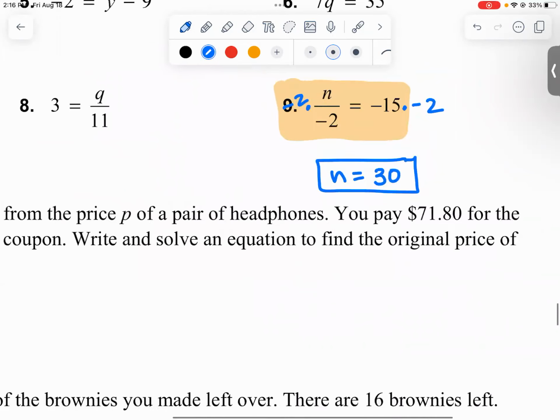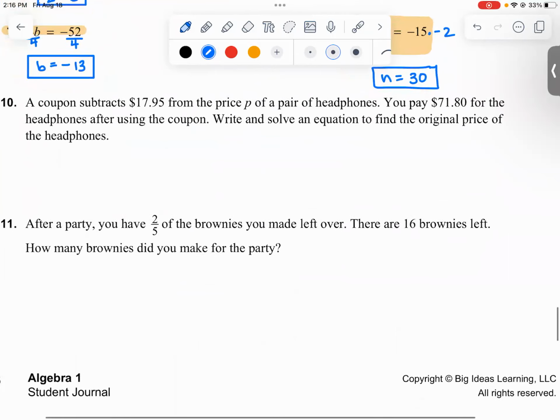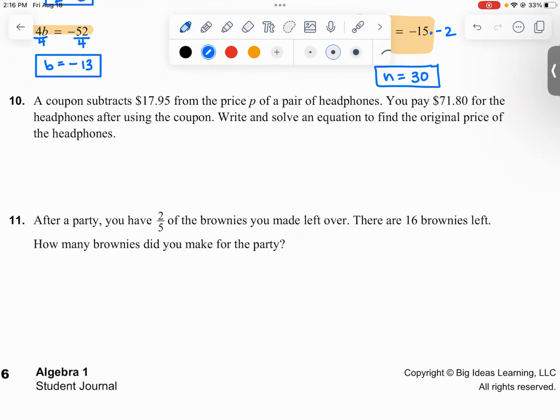Okay, I would like you to read through number 10. Just 10. I'm sorry. I need to drink my water. I don't want you to solve it, I just want you to read it.